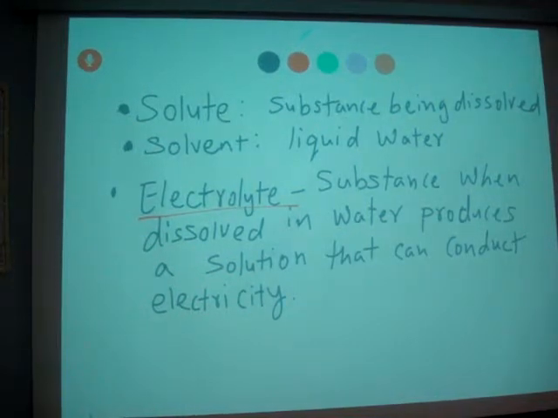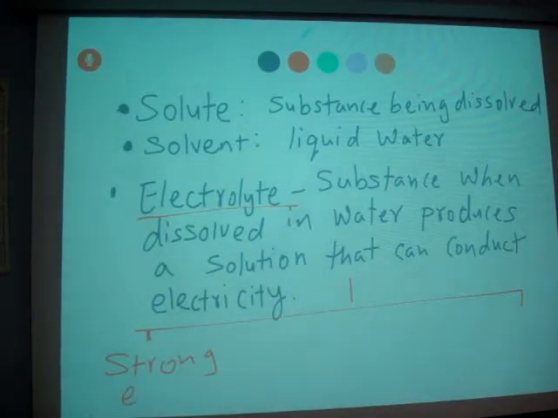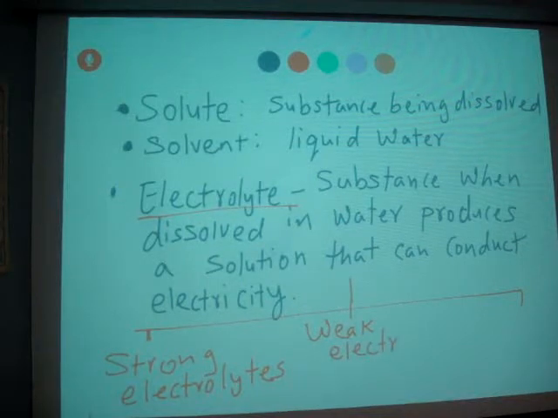Now, there are three types of electrolytes: strong electrolytes, weak electrolytes, and non-electrolytes.